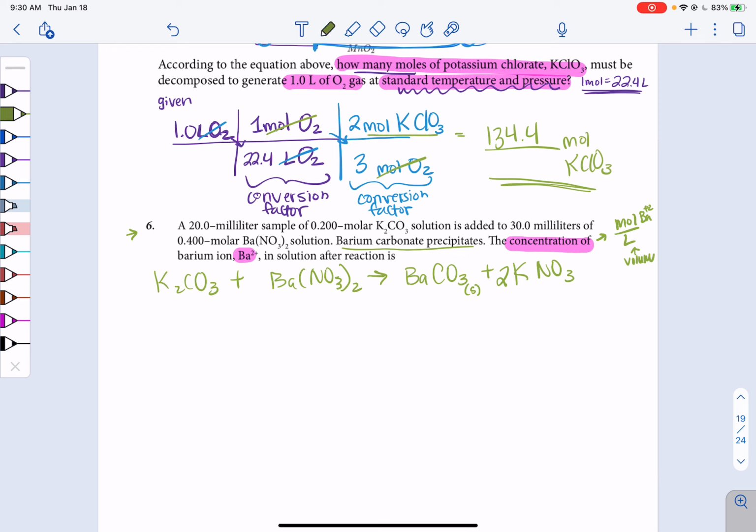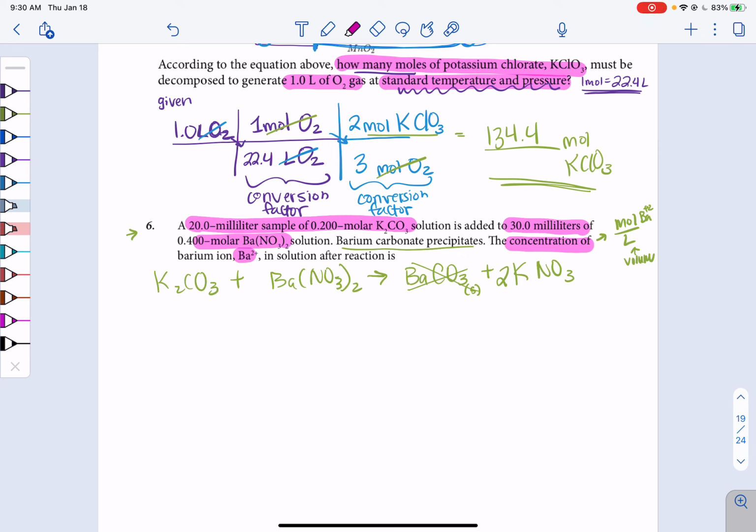So that does not mean that we are trying to solve for the barium carbonate, because that's not a barium ion, okay? What we want to do is figure out which one of the two givens, this one or this one, is your limiting reactant. And then once we figure out which one's your limiting, we want to know how much excess barium you're going to need.